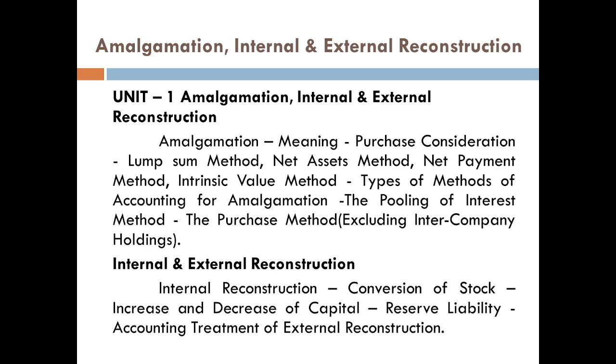Then we have a balance sheet and calculation of purchase consideration. And as far as internal and external reconstructions are concerned, we once again will be looking at the conversion of stocks, increase and decrease in capital. Then we have reserve liability, accounting treatment of external reconstruction, and so on.